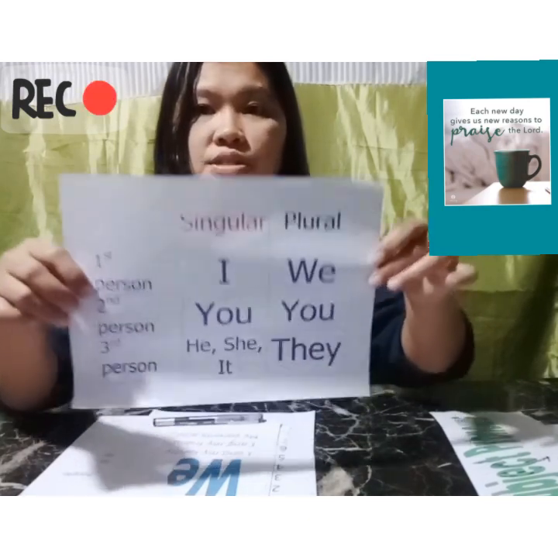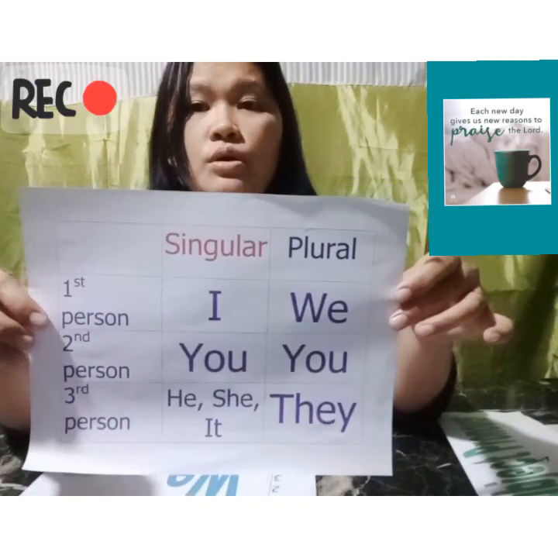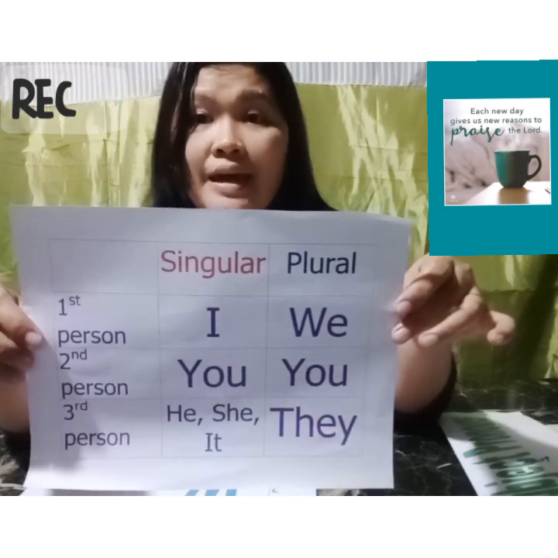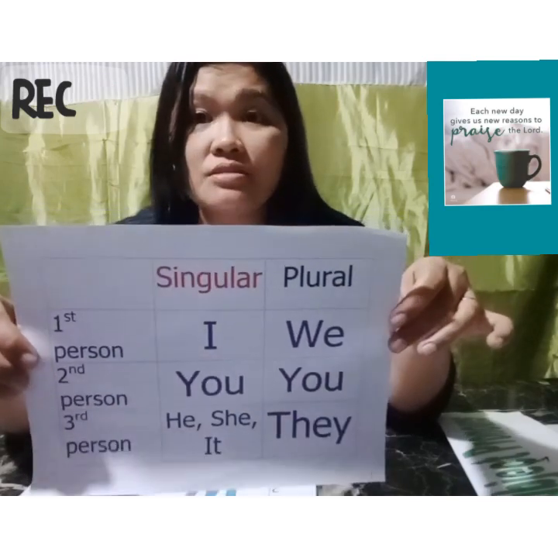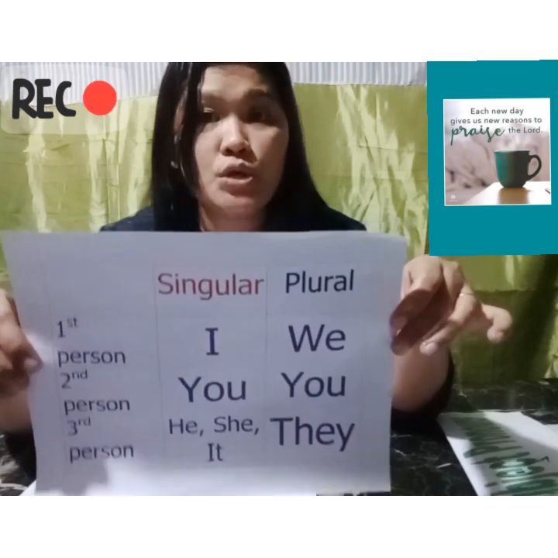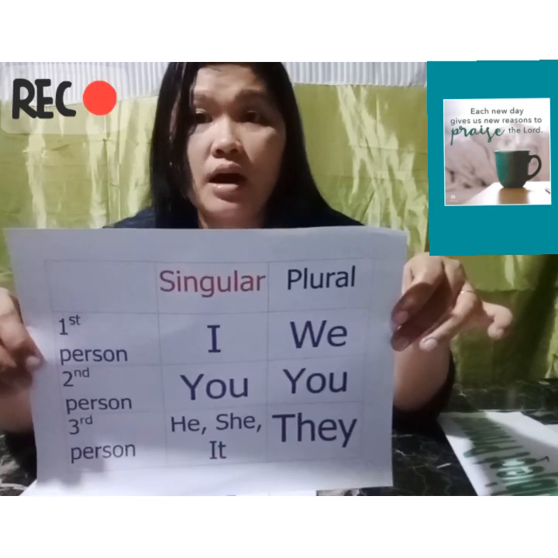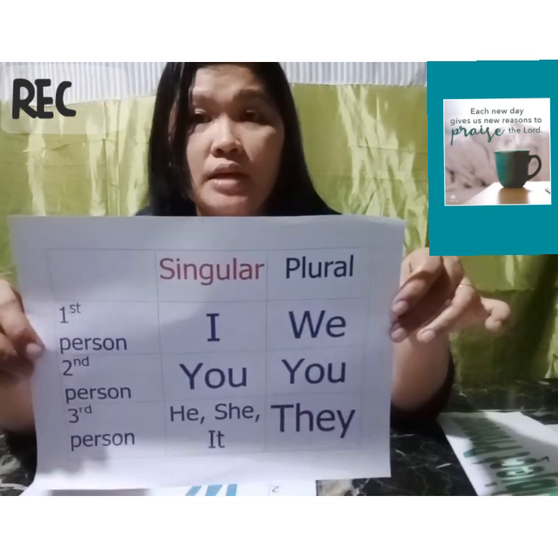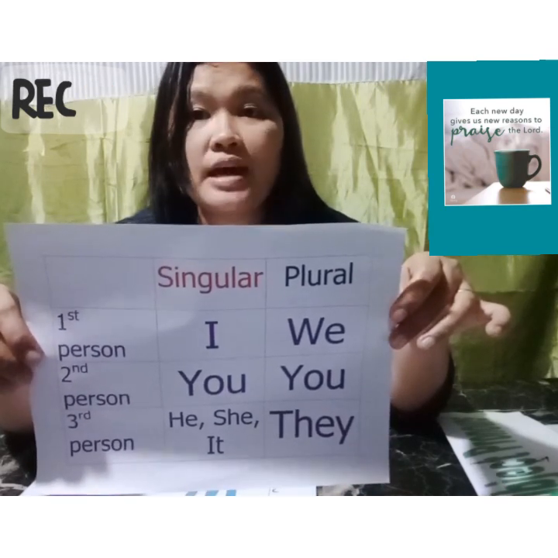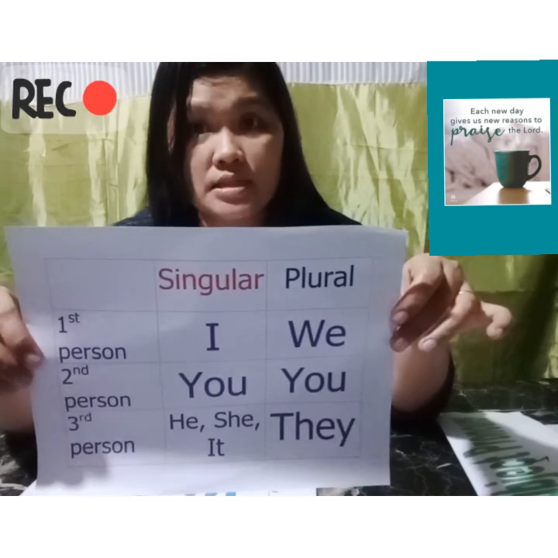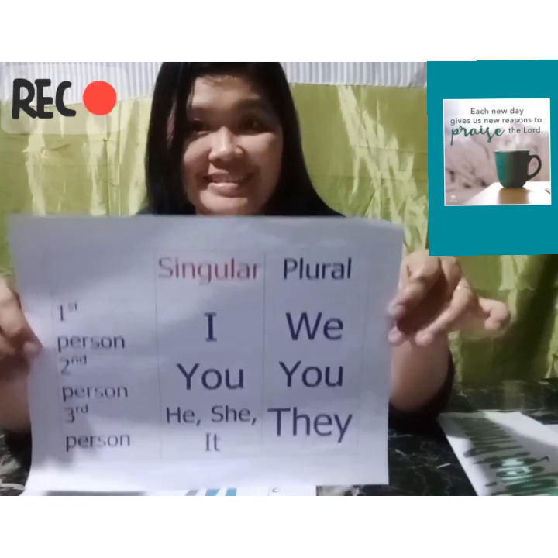And for the third person, which refers to the persons and the thing or animal being talked about, if you are talking about another person, we have the singular. For a male person, we use he. For a female, we use she. For an animal or a thing, we use it. And their plural form is they. Okay?